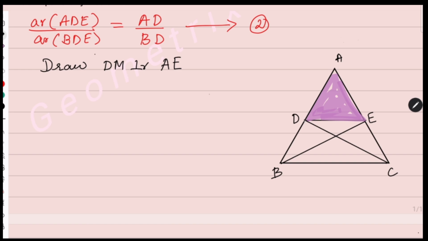Now draw perpendicular DM to the base AE. Next, using the formula for the area of a triangle, find the area of triangle ADE by keeping the base as AE and the height DM.